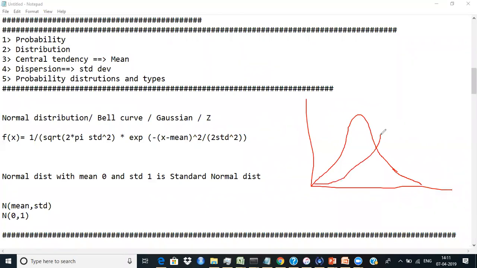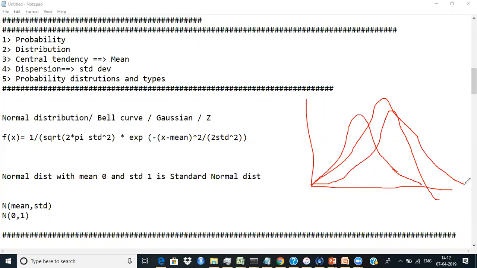And this is also another normal distribution, but are they same? They're not same, right? Because their mean is different. Similarly, I can have another normal distribution which looks like this. Are they same? No, right? Because the standard deviation is different. The point is, if you change mean and standard deviation, the normal distribution will look different, right?